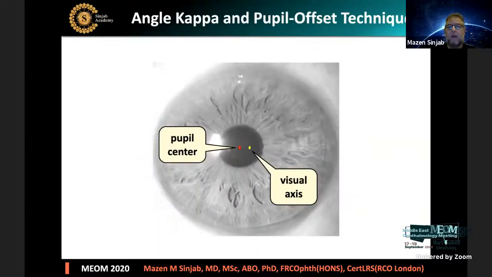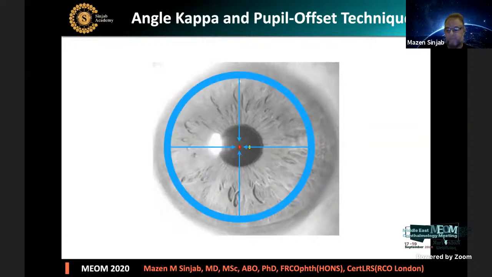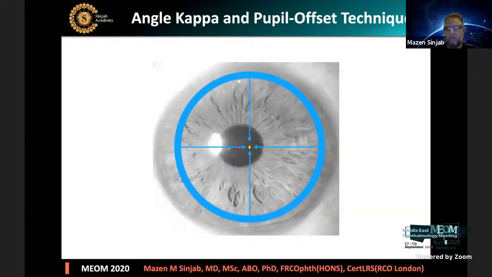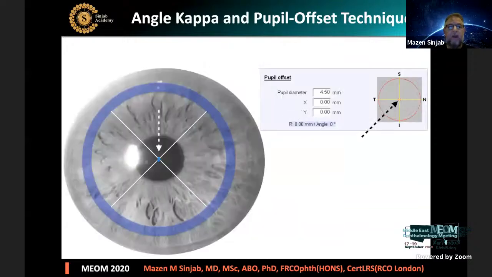In addition, if we are planning for the centration of the laser profile, as I mentioned before, in order to avoid induction of coma, we are moving or recentering the laser profile, but at the same time we have to recenter the flap creation.